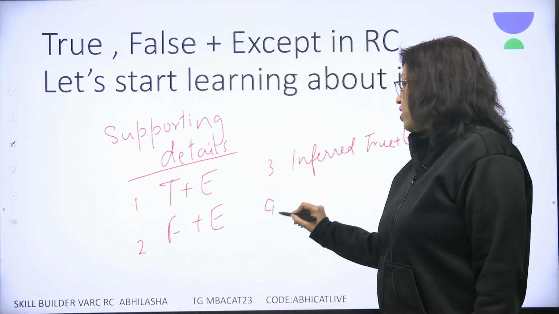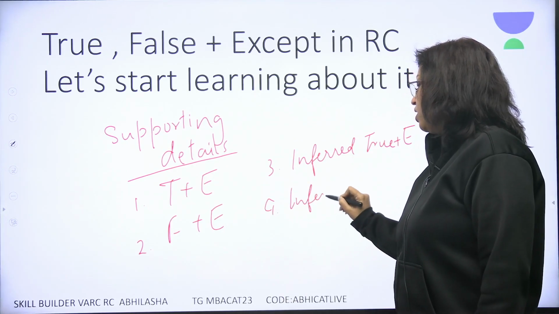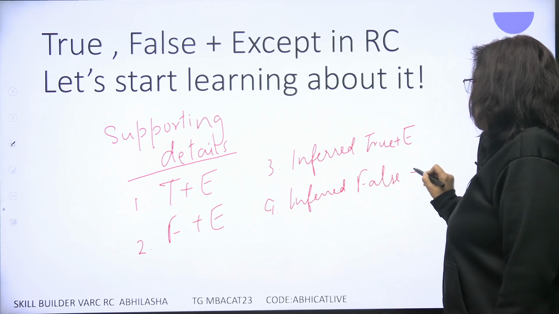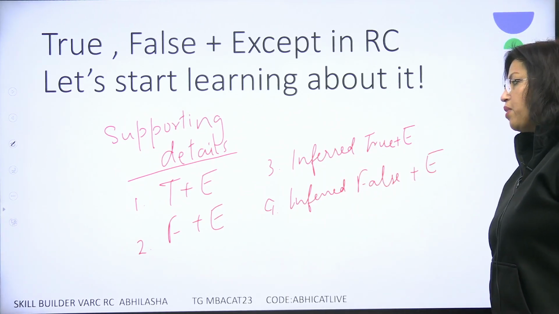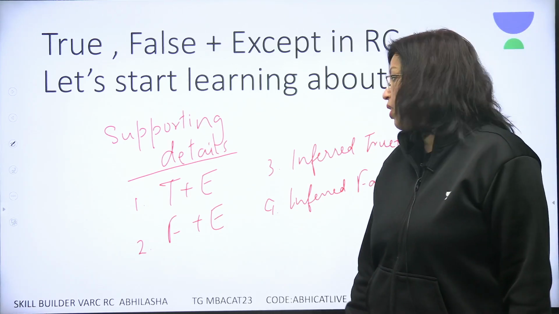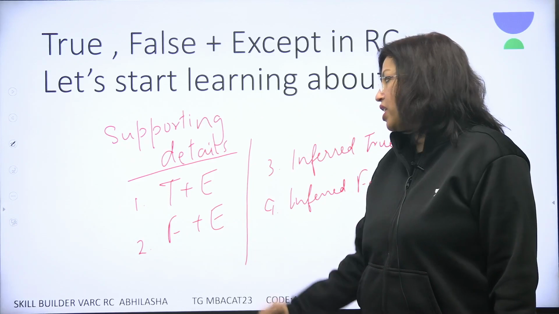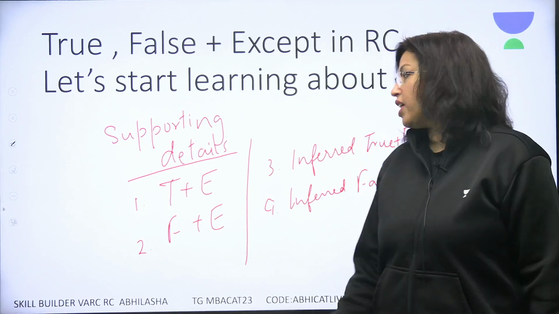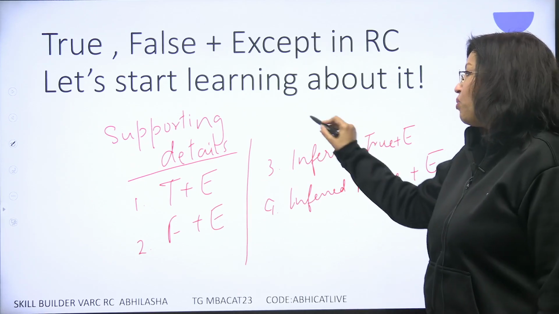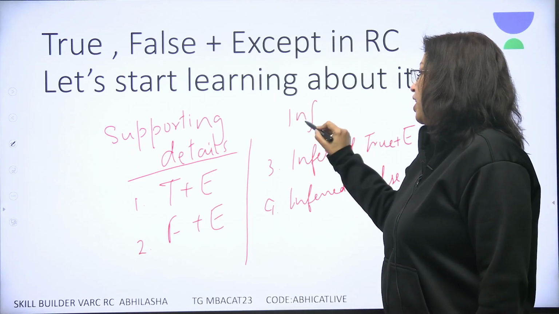Or it could ask you which of these are inferred to be false and then identify the except. So these are 4 types of questions that you can get on true and false except questions. The true except and the false except are based on the supporting details. The inferred to be true except and inferred to be false except will be based on inference also.